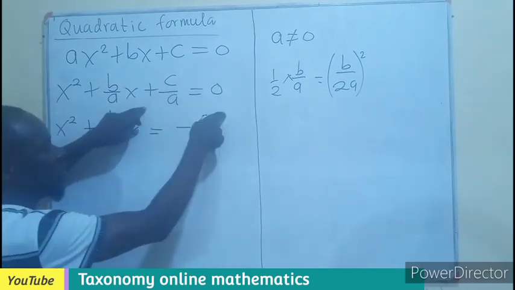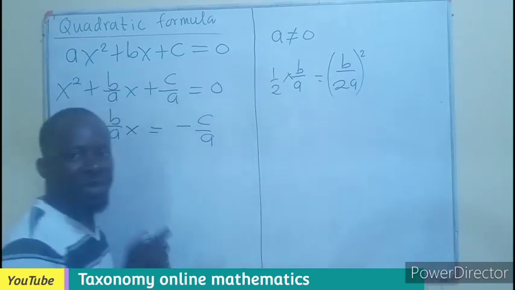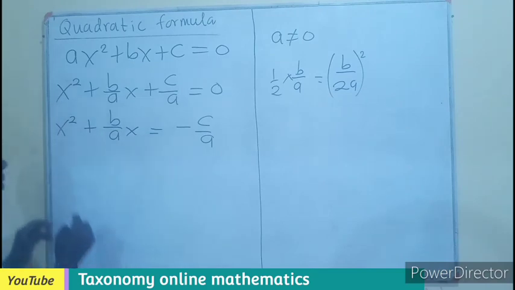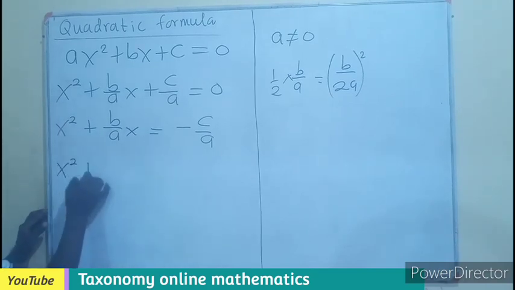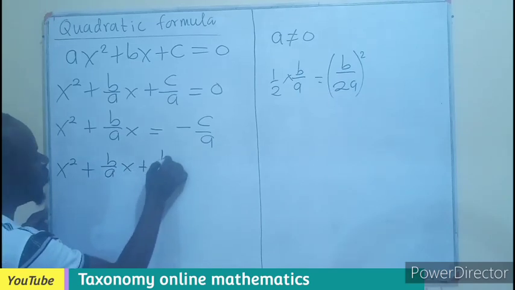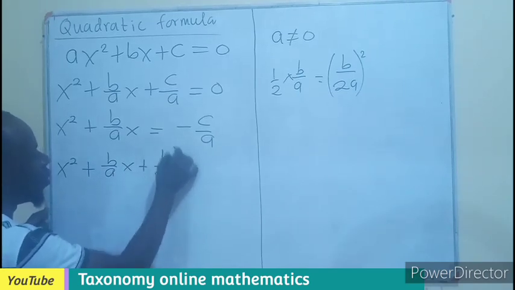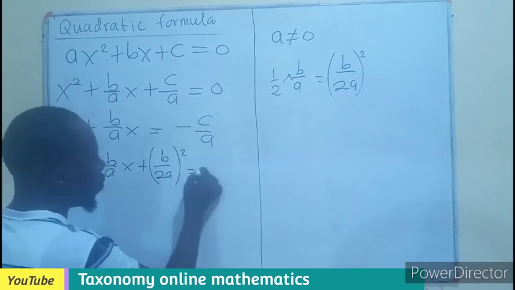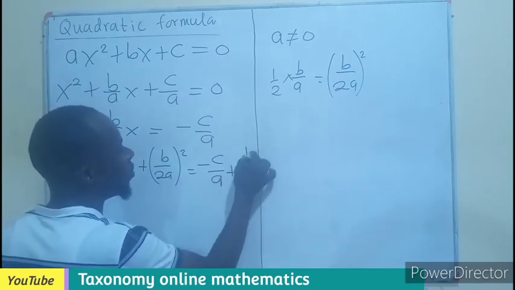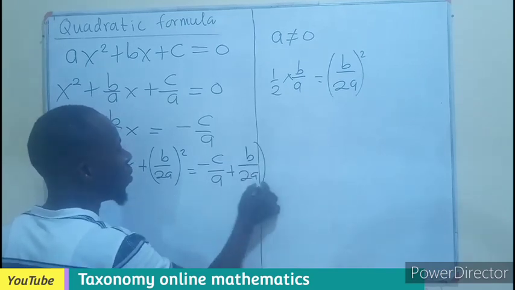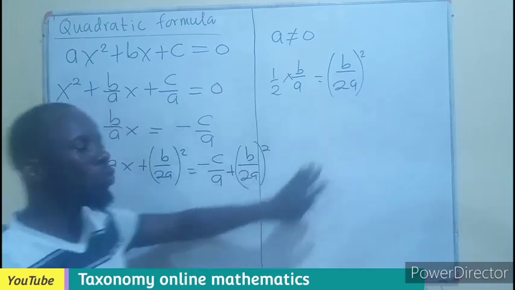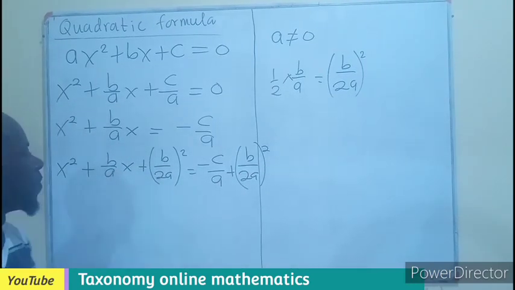So after we transfer this, then we add the square of half of the coefficient of what? x. Meaning x squared plus b over a x plus b over 2a all squared equals minus c over a plus b over 2a all squared. So we add that term to both sides of the equal sign.